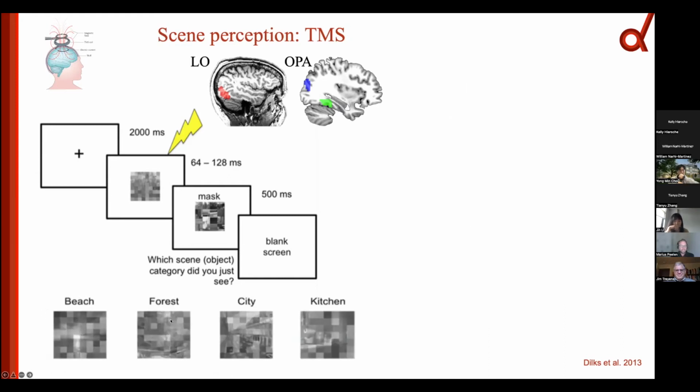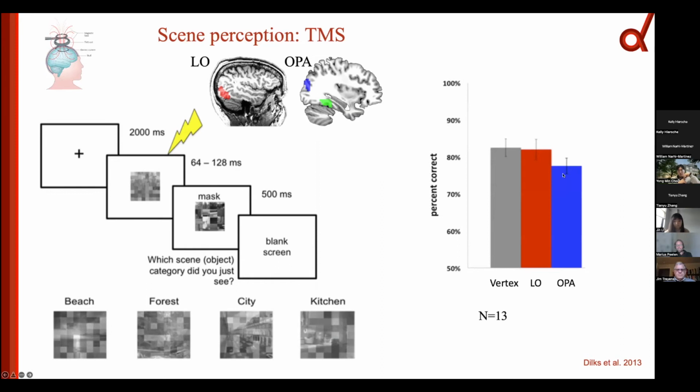Importantly, when the task was changed to a scene task, the structure of the task was otherwise the same, but the images now came from one of 4 scene categories: beaches, forests, cities, and kitchens. And participants had to discriminate which of these 4 scene categories was shown. Then they found that OPA stimulation rather than LO stimulation impaired performance.